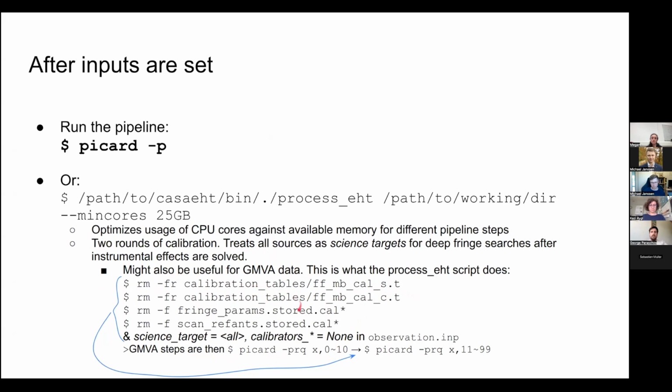Then you would remove these intermediate products, and then change your input at this stage by setting all your calibrator sources to none. Maybe before you had 3C279, and then you add 3C279 to your list of science targets, and then run the remaining steps of the pipeline. So this does 0 to 10, and this one does the remaining ones, 11 to some high number. I think you stop at the highest that it can do, which is maybe step 17 or so.